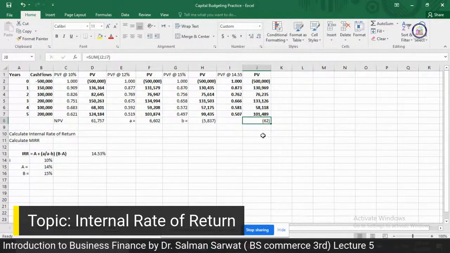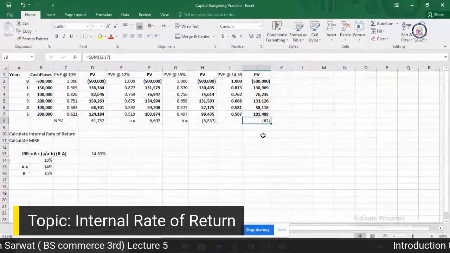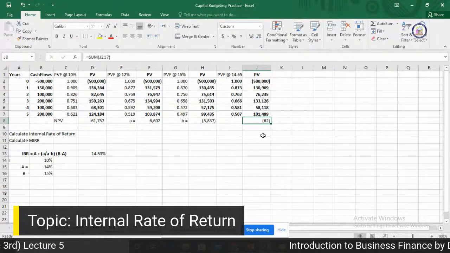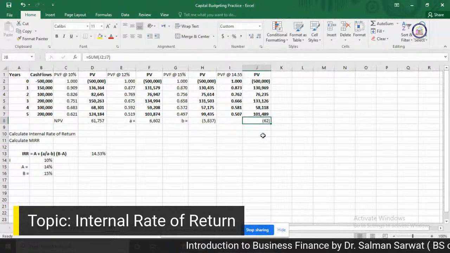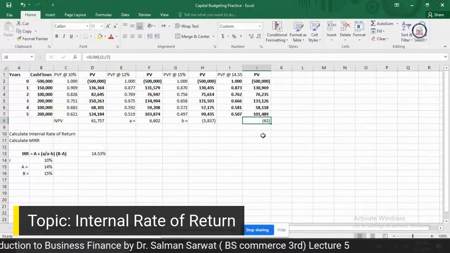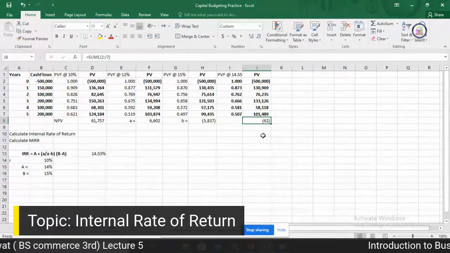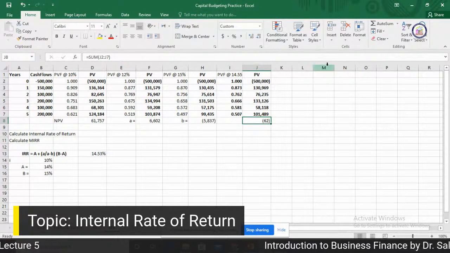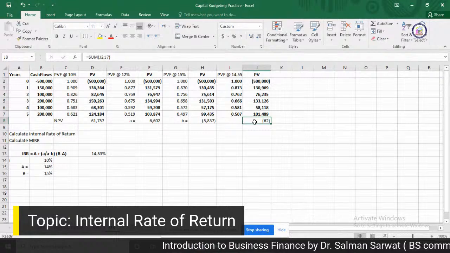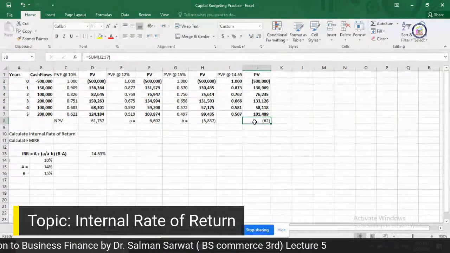As we go closer with respect to the two values of capital A and capital B, our answer will reach zero. Otherwise, we will get a very small amount because of the curvilinear relationship.